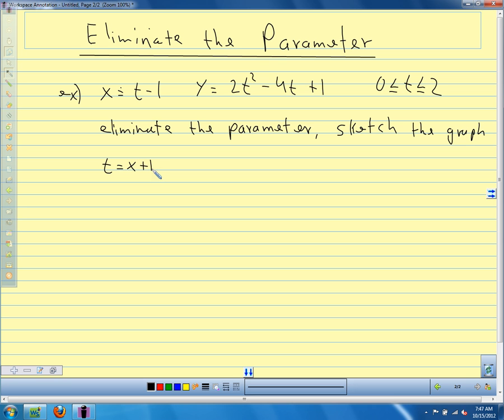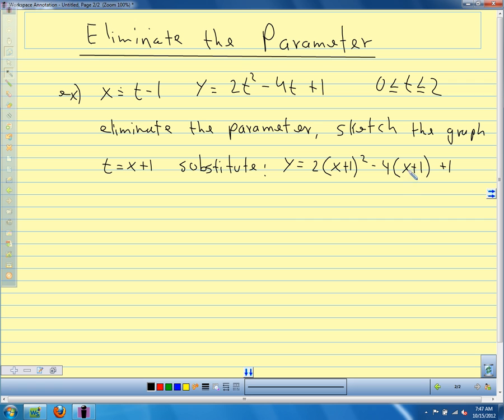I just solve one of the equations for the parameter, and then I substitute. So I get y equals 2 times (x plus 1) squared minus 4 times (x plus 1) plus 1.